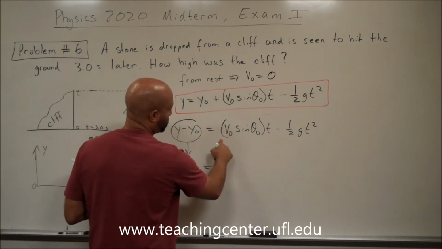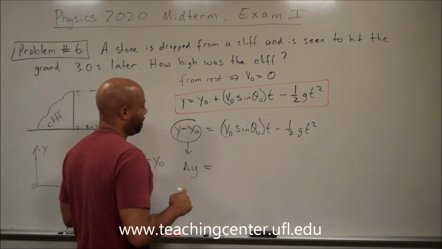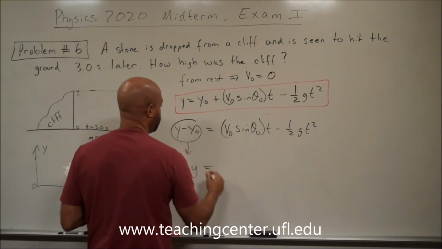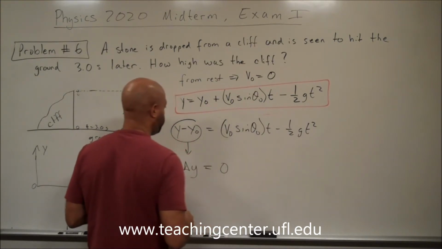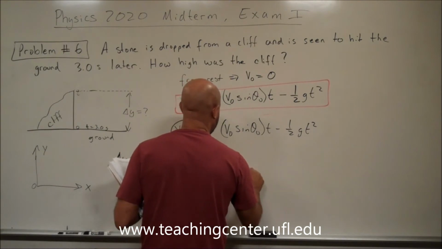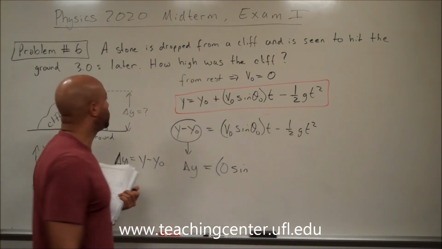So let's look at the right-hand side of the equation. We know that the initial velocity is 0. And for the sine, we need to find theta sub 0.